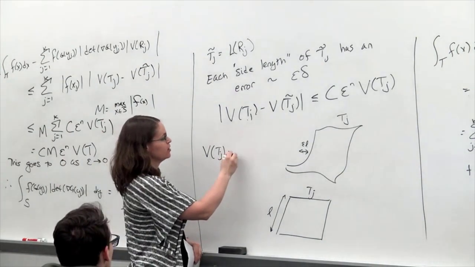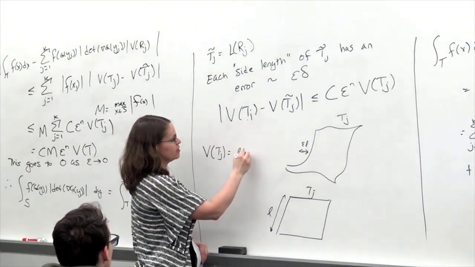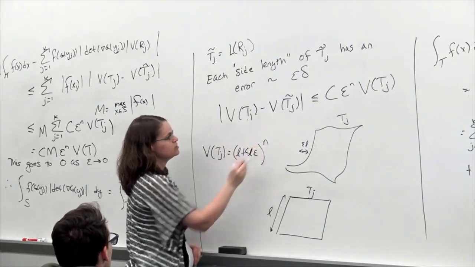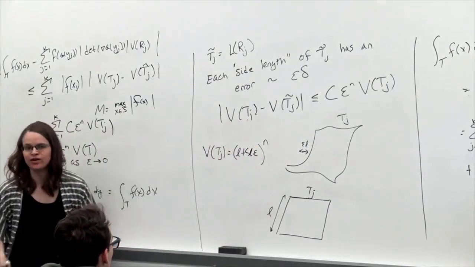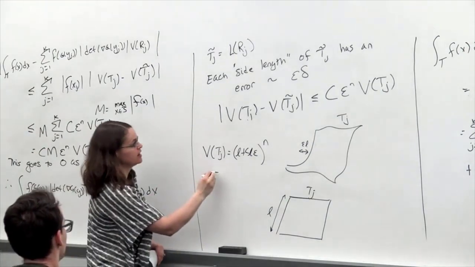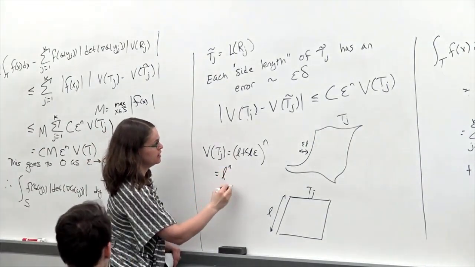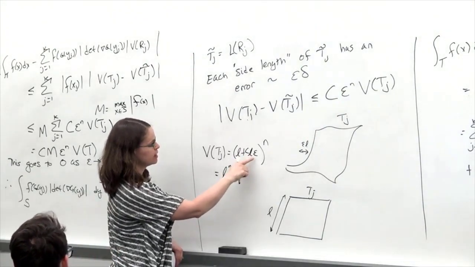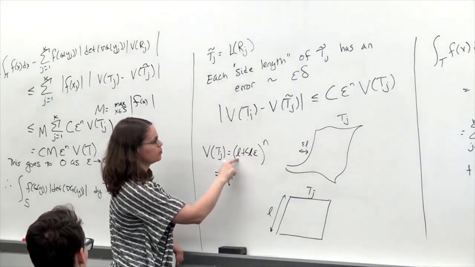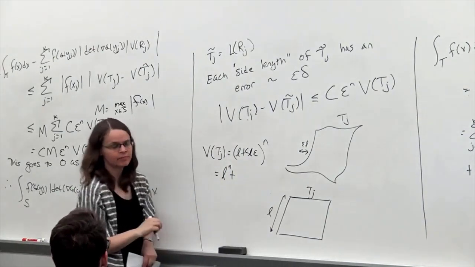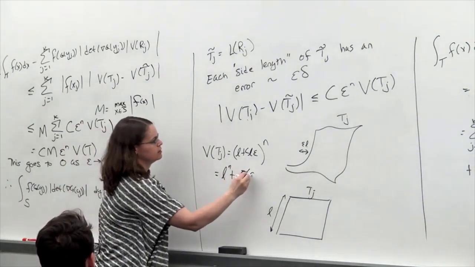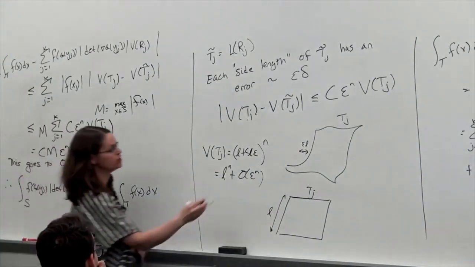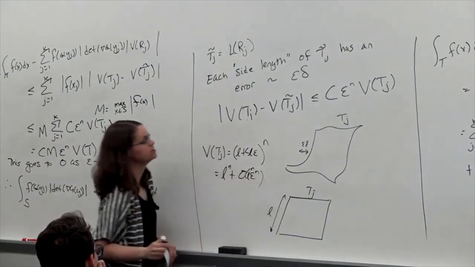So it's going to look like L plus L epsilon, or C L epsilon, to the nth power, or there might be different L's along each dimension. But at the end of the day, it comes out as L to the n plus something on the order of epsilon to the n multiplying this. So something on the order of L to the n, epsilon to the n.